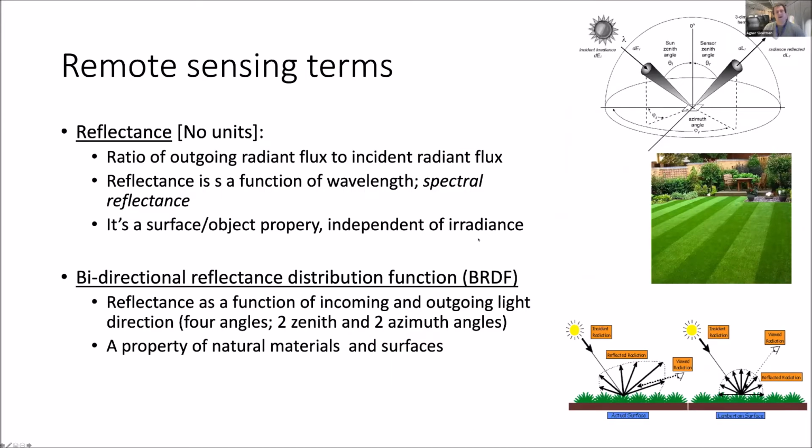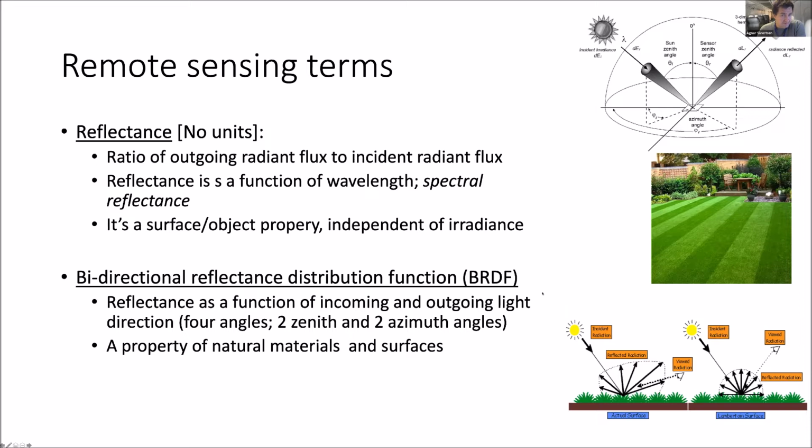So I have two more terms to define. Reflectance. Reflectance is the ratio of the outgoing light from an object or area to the incoming amount of radiant flux.